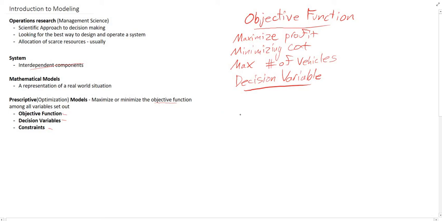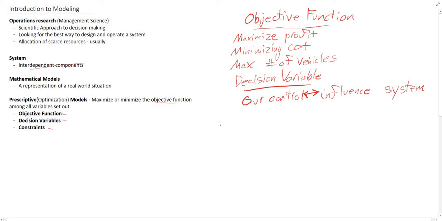The next in the prescriptive model is the decision variable. Decision variables are values or variables under our control. And these controllable values influence the performance of the system. Therefore, it's our control influencing the system.